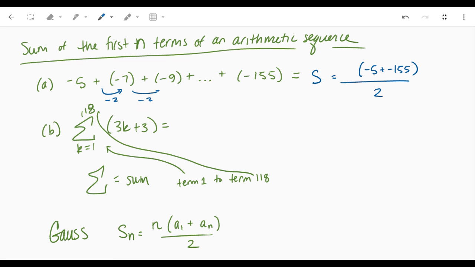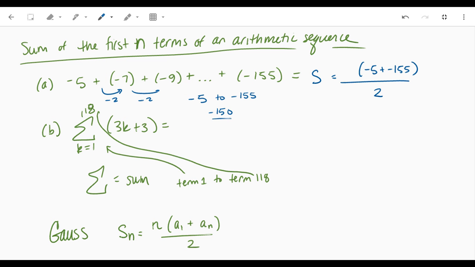So to get from negative 5 to negative 155, we would have had to subtract 2 how many times? So this is minus 150. That's the difference between the first term and the last term.